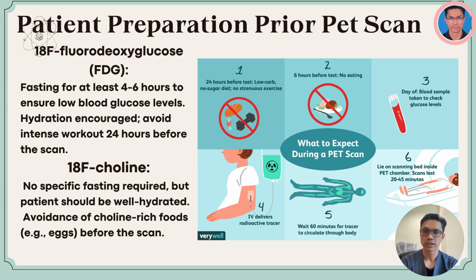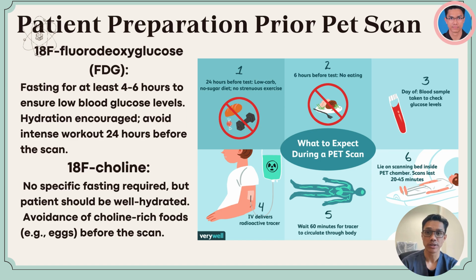Next, let's talk about patient preparation prior to PET and PET CT scans, which is essential for the accuracy and quality of PET and PET CT scans. For 18F FDG scans, patients are typically required to fast for 4 to 6 hours before the scan.